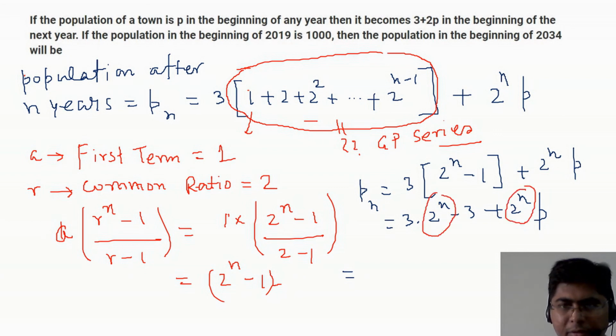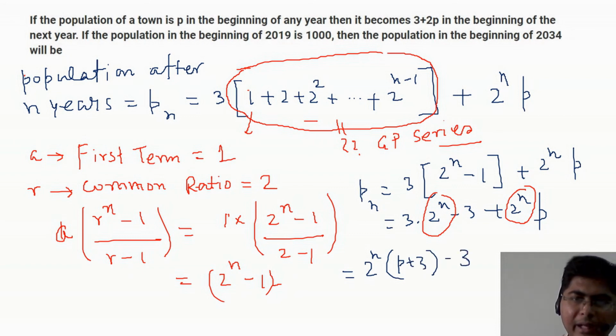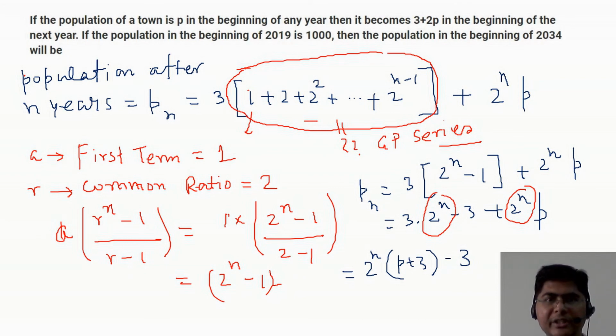These are common. So 2 to the power n times (P plus 3) and then minus 3. Right?